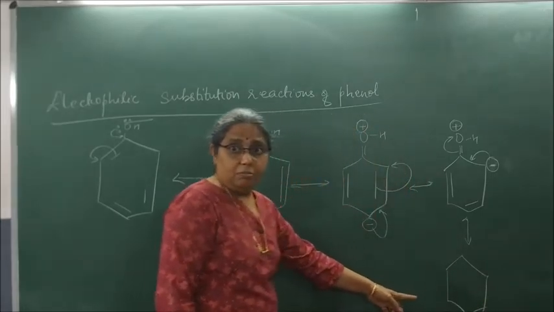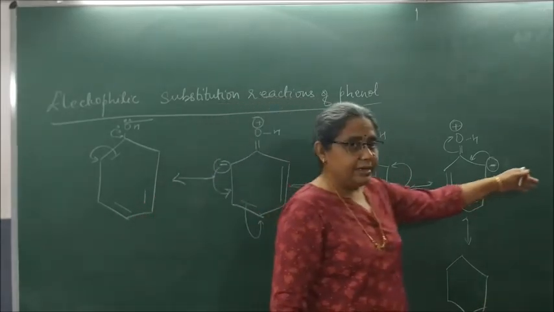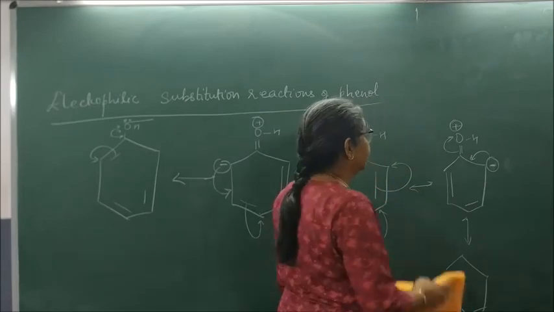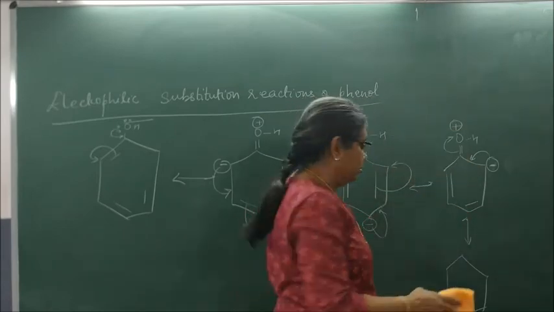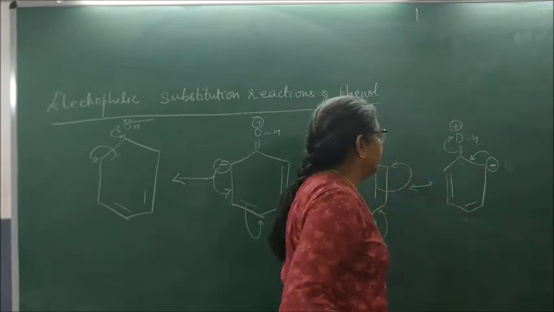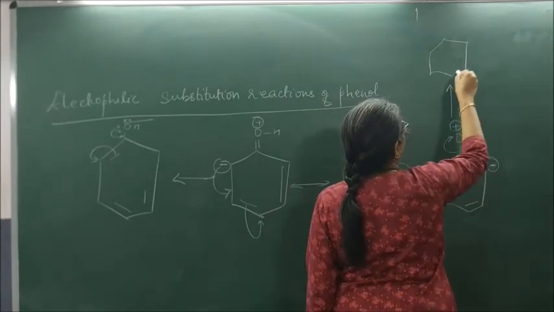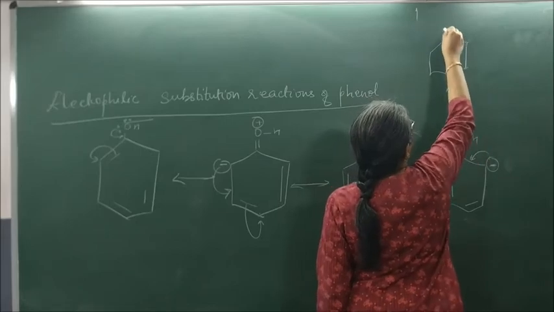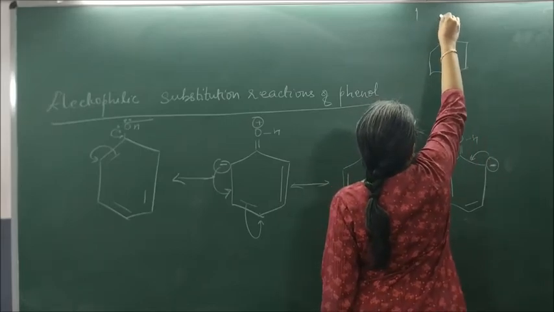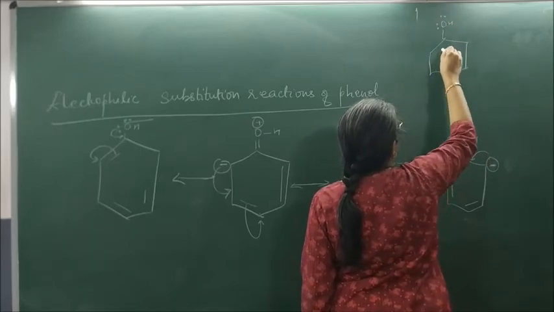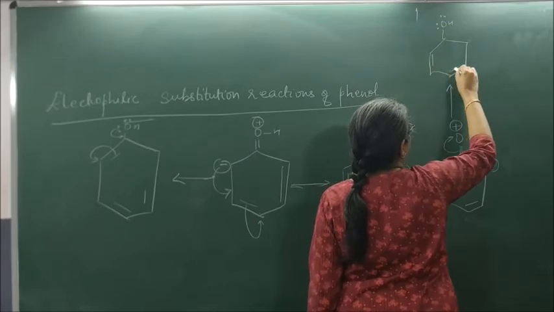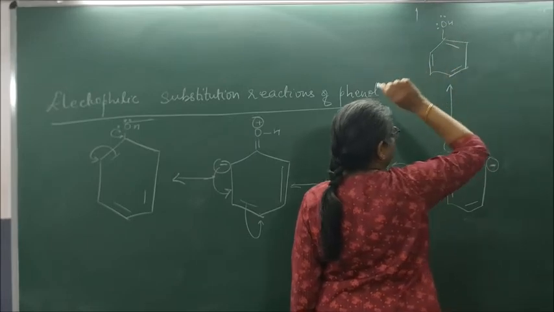So we will have a compound like this, where there is single bond OH, the lone pair returns back, and you have a double bond here, and a double bond here.